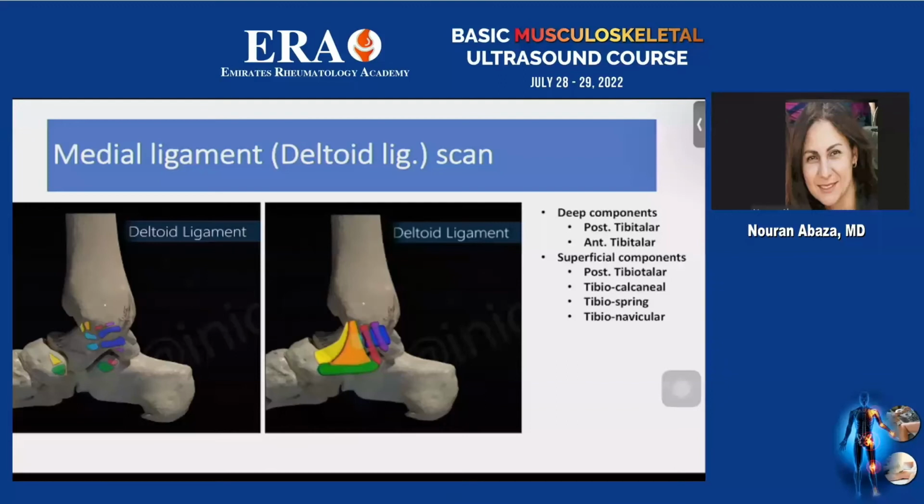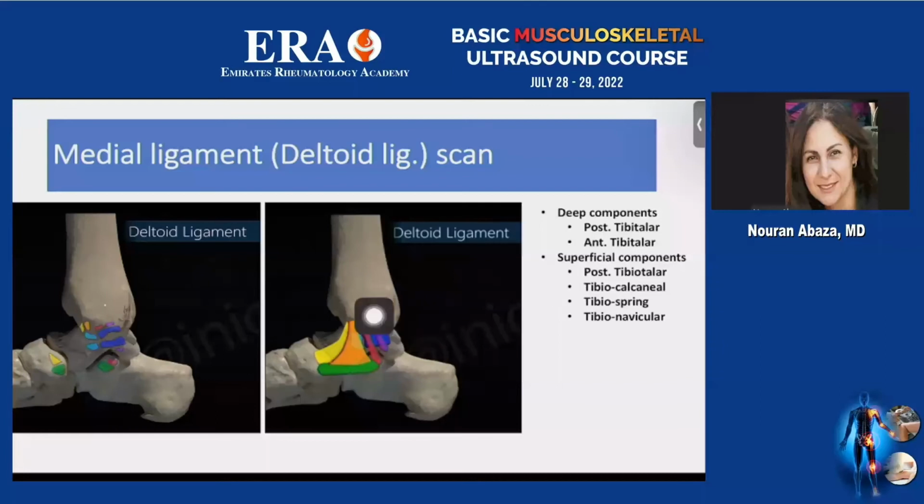But to have a general knowledge about the deltoid ligament, we have deep components and superficial components. To make things easier, these parts, the violet, the red, and the blue, are the posterior tibiotalar and anterior tibiotalar. Actually, the anterior tibiotalar is sometimes not present, and the posterior tibiotalar has a superficial part and a deep part.